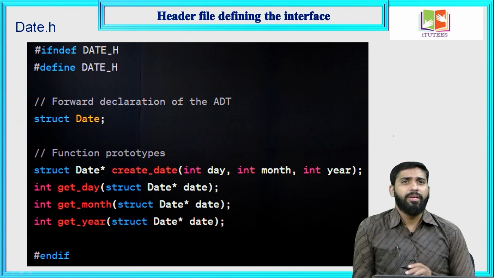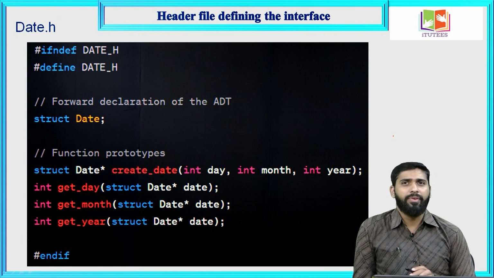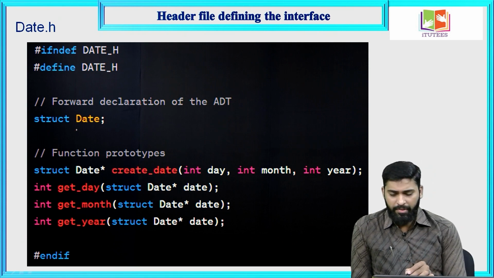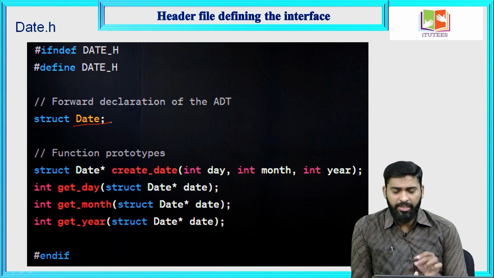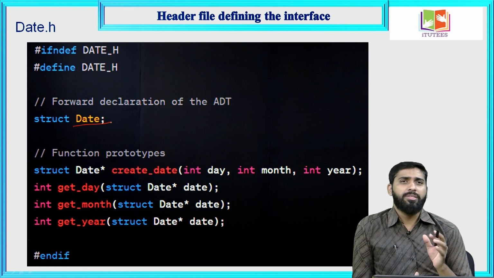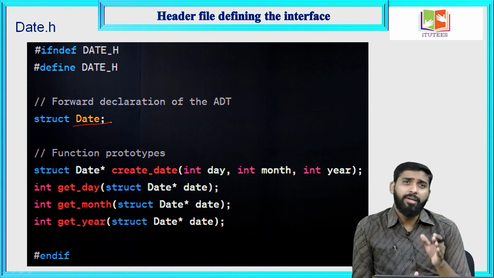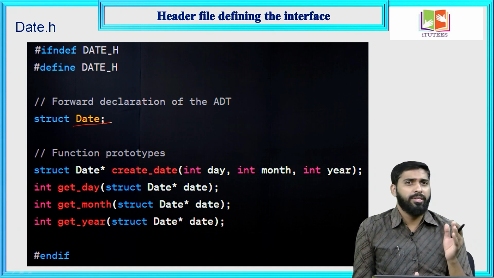First we create one interface, the header file defining the interface. Here we have one structure known as date, the structure struct date. This we are going to implement in an actual file, that is another file, a source file.